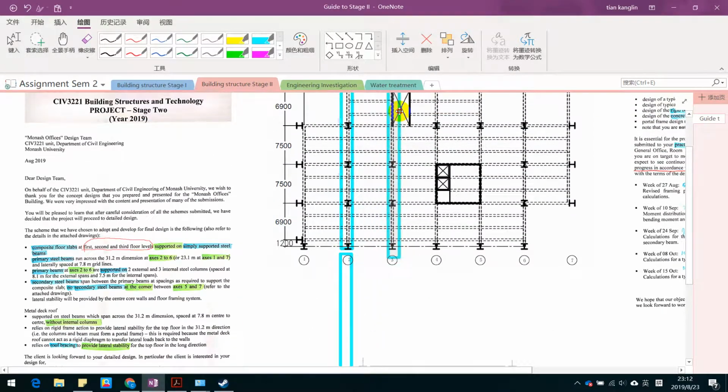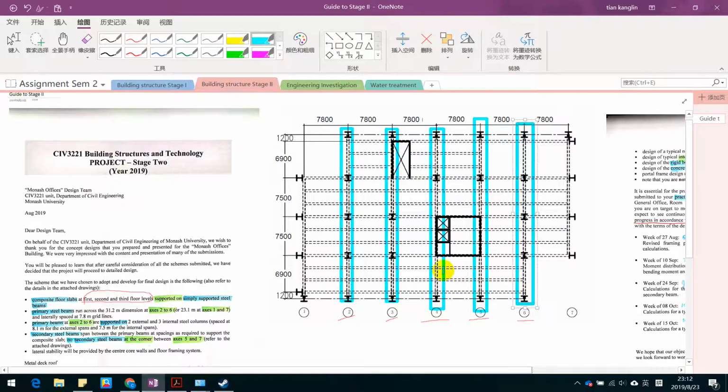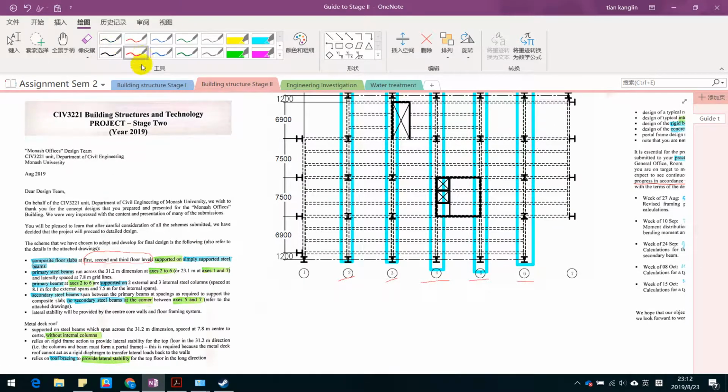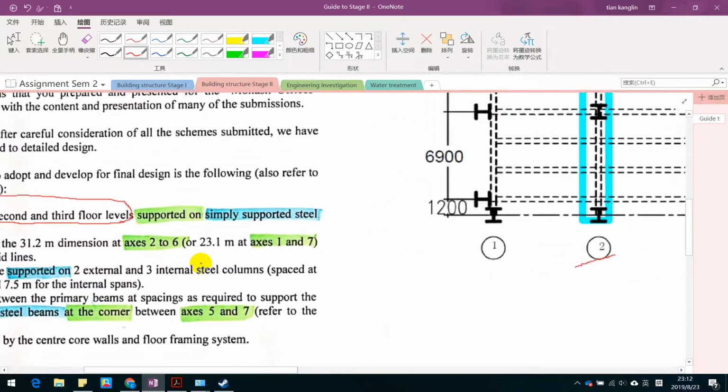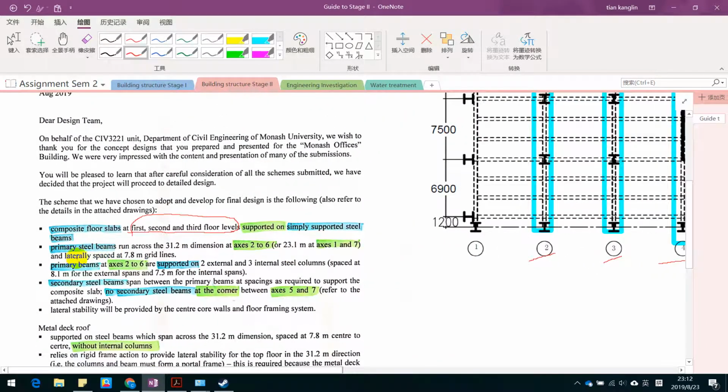So because it tells you about axis 2 to 6, those places are where the primary beams run across. Or 31 meters at axis 1 and 7.